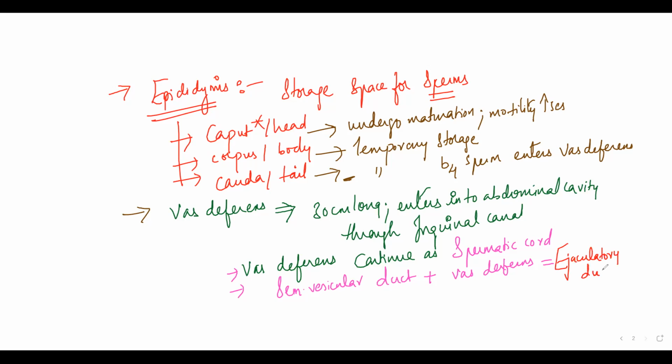They fuse together to form a common passage called the ejaculatory duct. It carries the sperms along with the semen, because the seminal vesicular duct carries semen and the vas deferens carries sperms, so they both drop into the ejaculatory duct.